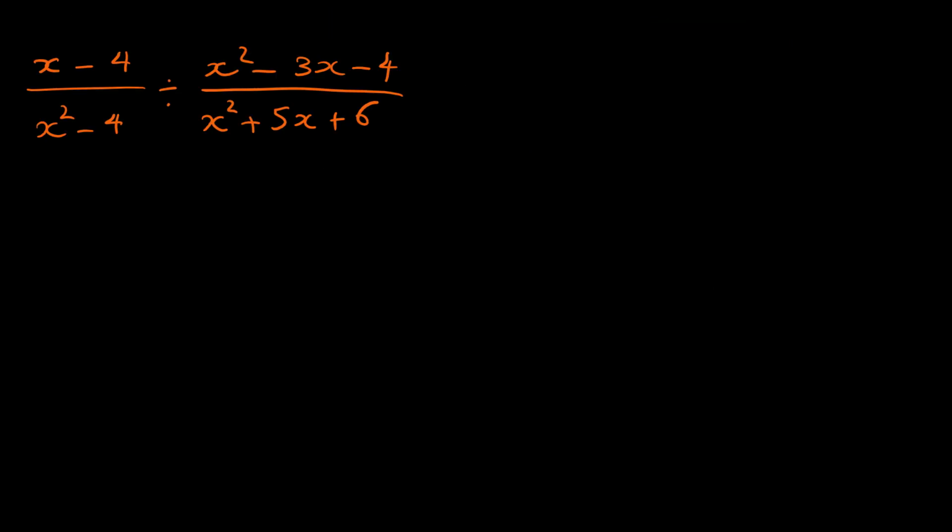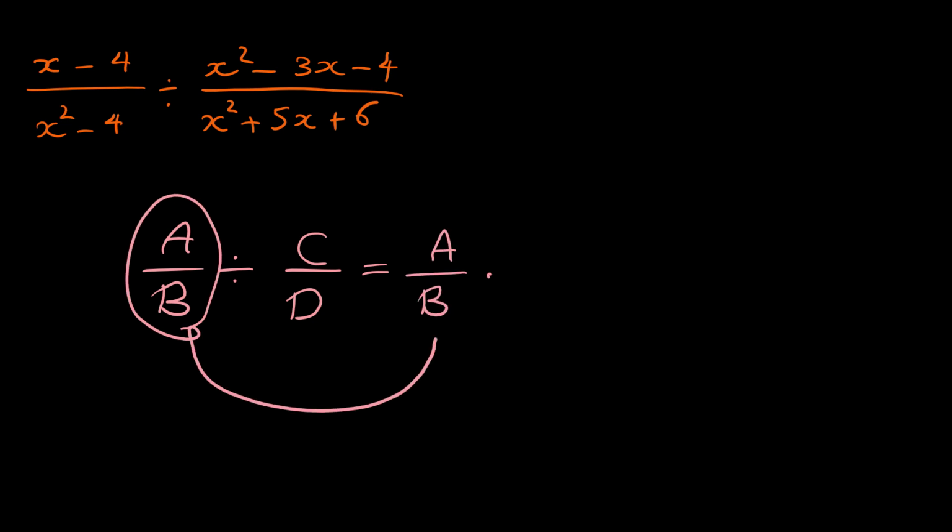Here we have an example of dividing two rational expressions. When you want to divide a rational expression, let's say a over b, by c over d, you have to basically write the first rational expression and then multiply it by the reciprocal, or basically you have to invert the second rational expression.